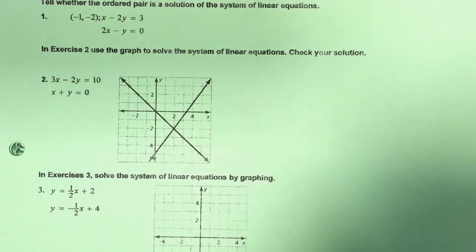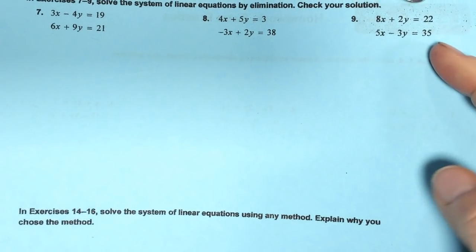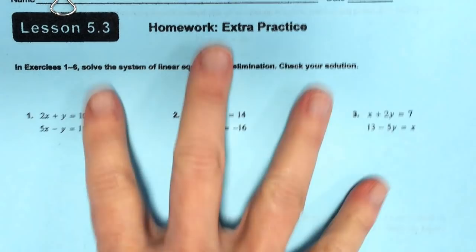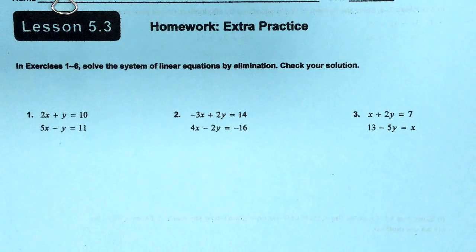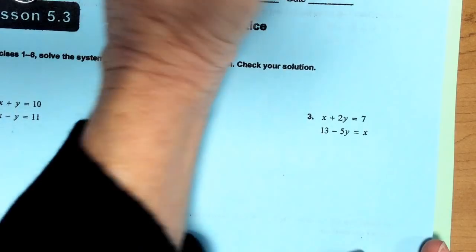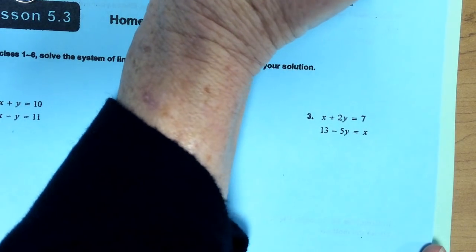What I'd like to make sure is that you go through, and you can see there are 12 problems here, and I want to make sure that you do the right ones. On this blue sheet, do the extra practice on the front, only the odd numbers.